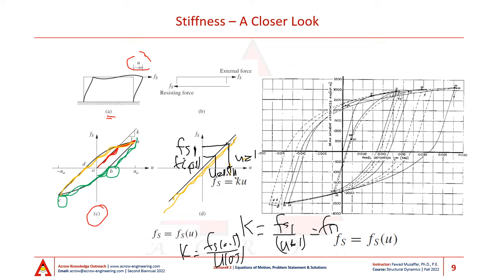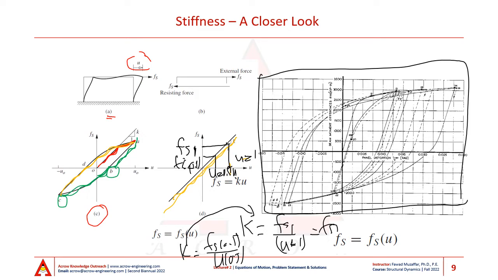This value of k will be equal to the other value of k because the line is linear. The plot that you see on your right shows the nonlinear response of the system, and it becomes evident that we not only need to know our current position on this plot, but we also need to know what the history of loading of this structure is.